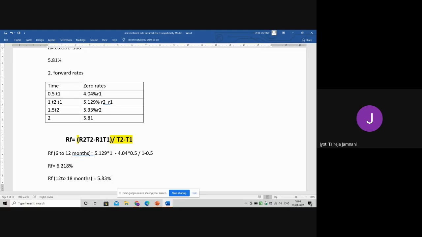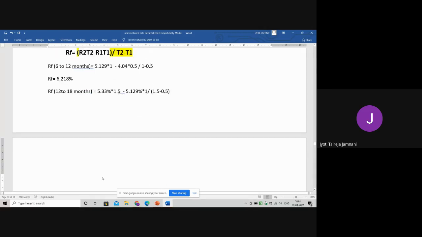So 5.33% into 1.5 years, minus 5.129 into 1 year, divided by T2 minus T1, that is 1.5 minus 1.